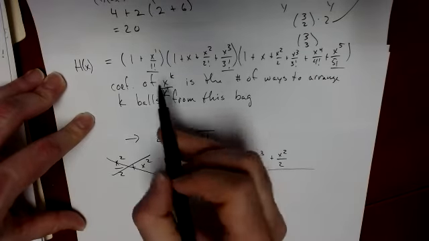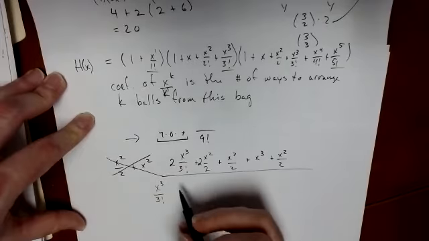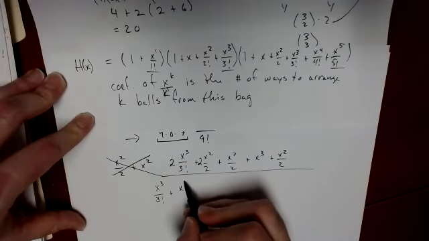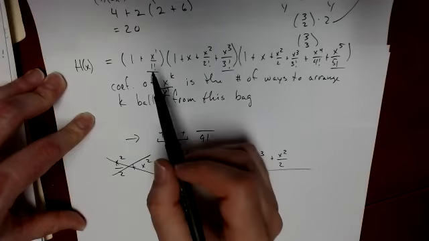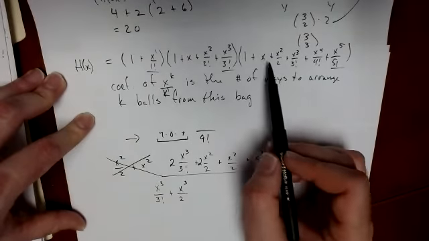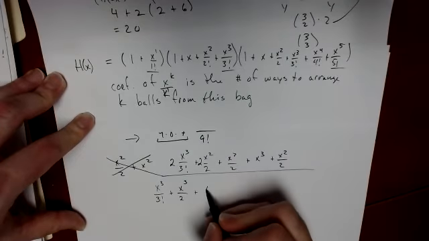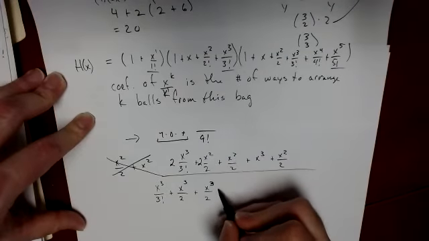I'm going in lexicographical order. So 1 times x squared over 2 will be x cubed over 2. 1 times x squared over 2 factorial times x will be another x cubed over 2.